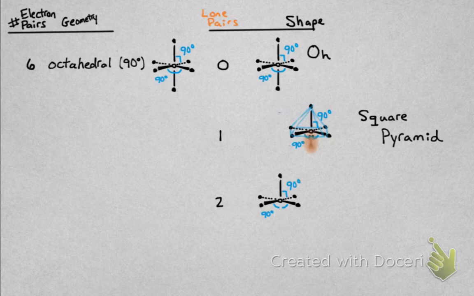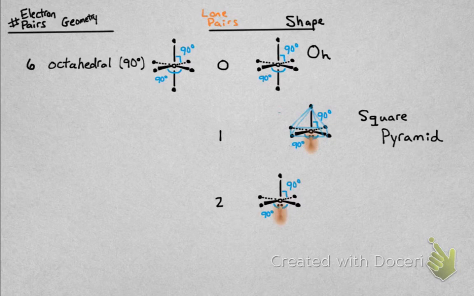So if we put the first lone pair in the bottom position here, then we can either put the second pair in one of the positions in the square plane, or in the position that's going up.